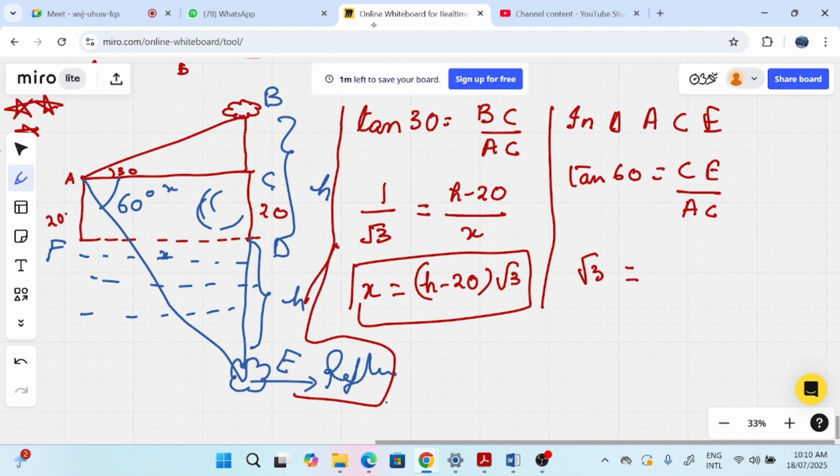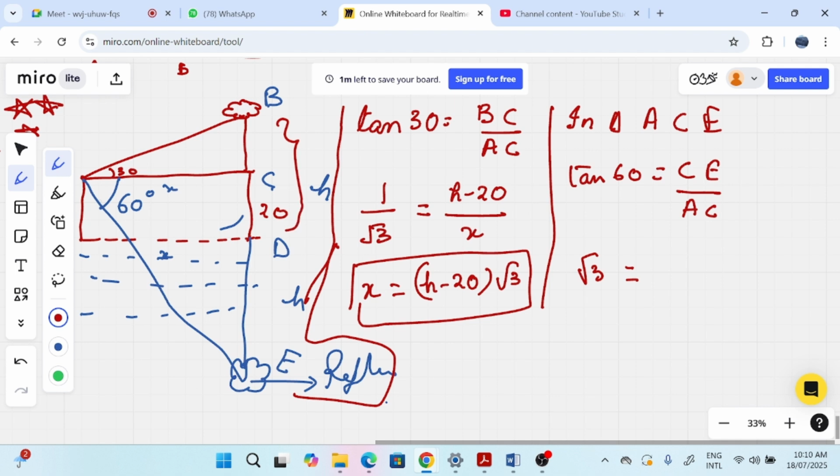So this becomes H plus 20. Is everybody able to understand?